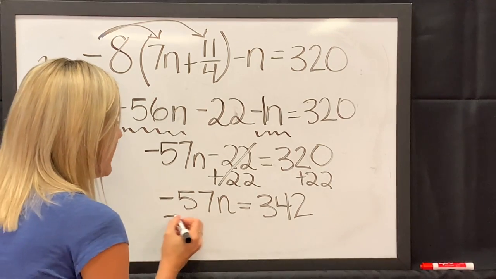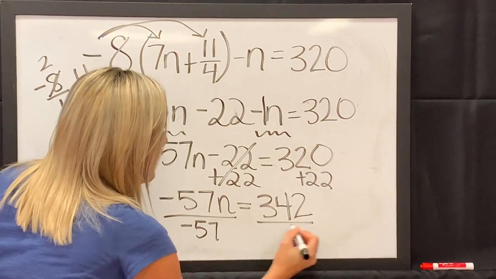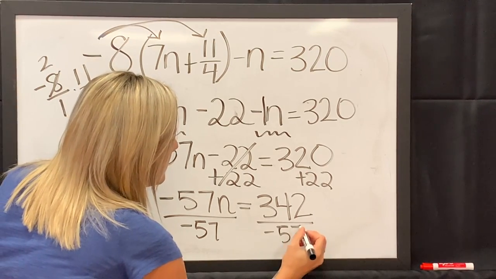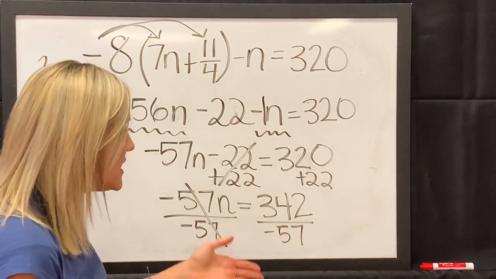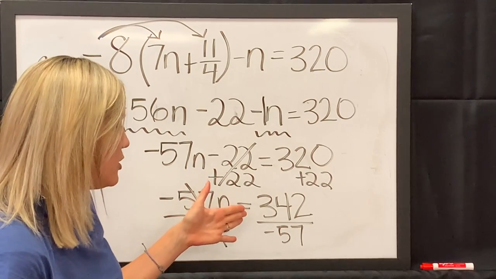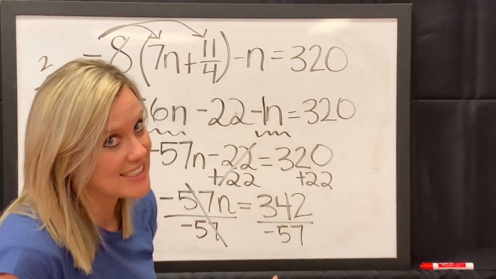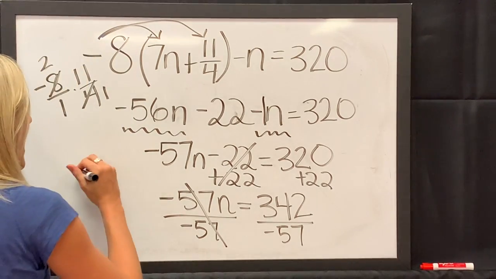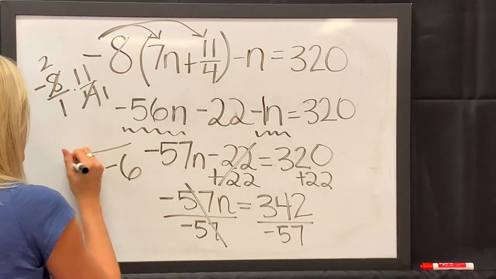I just need to divide both sides by negative 57. Divide by negative 57. These will cancel. And then a positive divided by a negative is a negative. And 342 divided by 57 is 6. So I am going to get n equals negative 6.